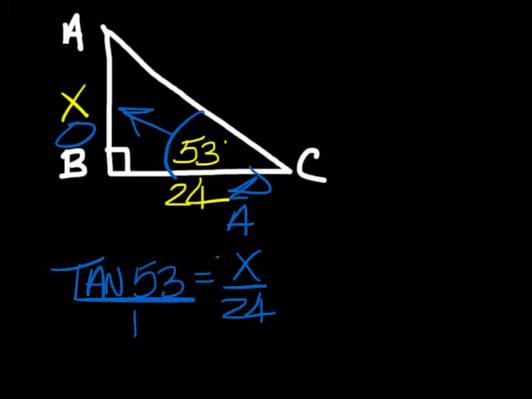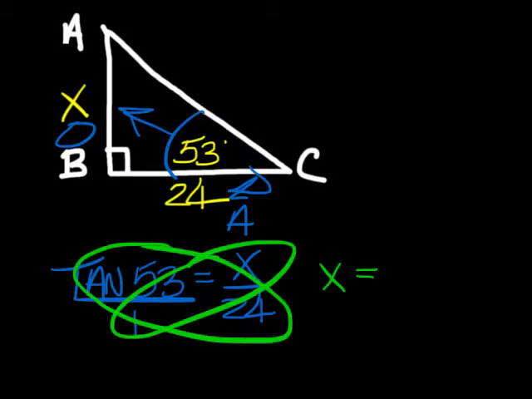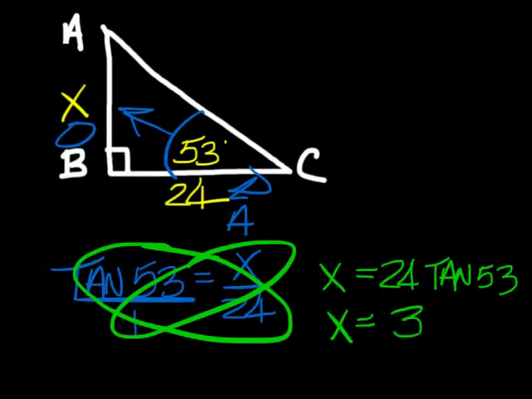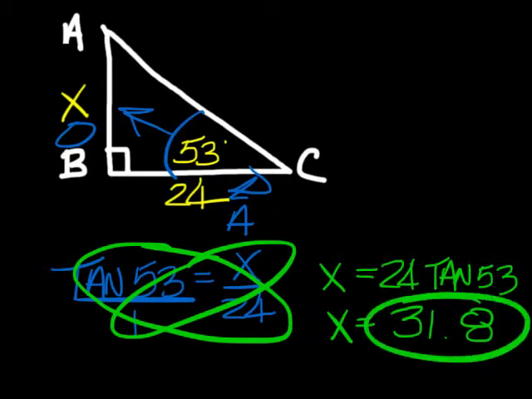Cross multiply to get x equals tangent 53 times 24. And you can write it like that. But do tangent 53 first. Tangent 53 is 1.3270. Multiply by 24 and round to the tenths place to get 31.8.